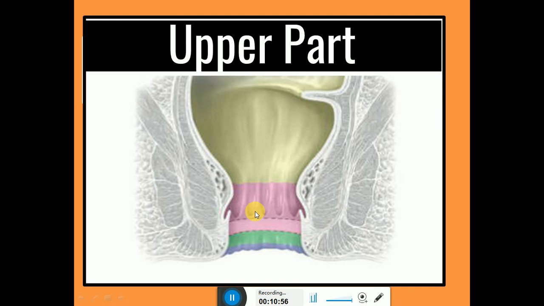Another name for this is valves of Morgagni. And here we have pectinate line, which is also called dentate line, and sinuses, they are nothing but vertical recesses.